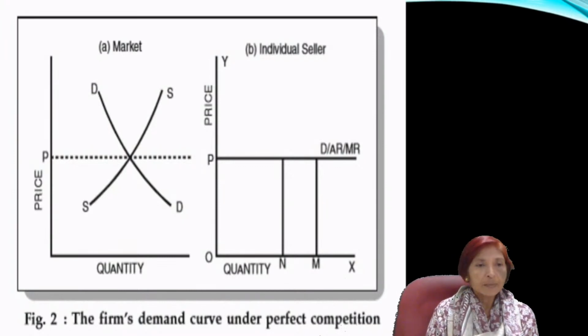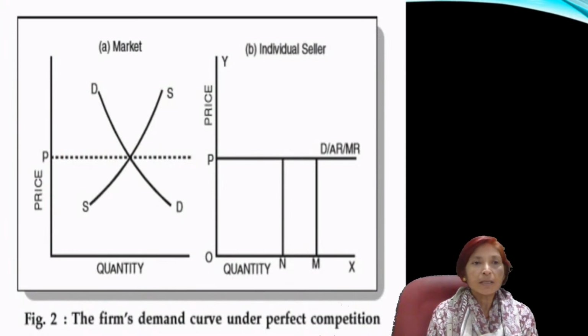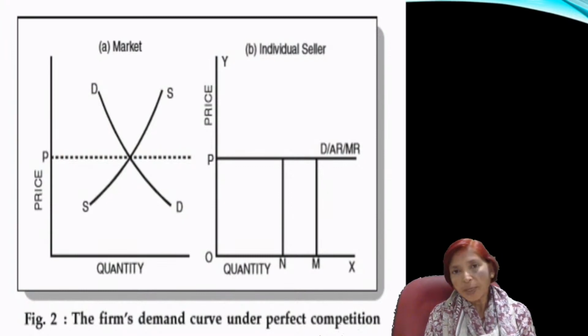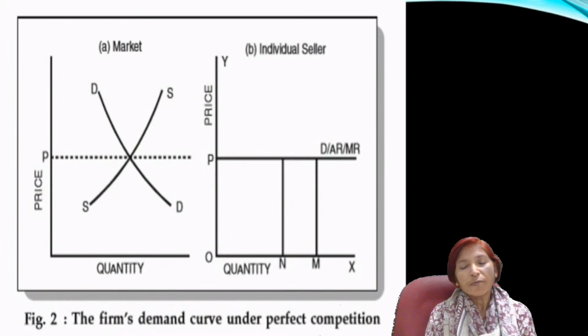The supply curve is always upward sloping: when price is higher, supply will be higher; when price is lower, supply will be lower. Where both curves intersect, the equilibrium price is determined, and that equilibrium price is taken over by the individual seller, or perfectly competitive firm.